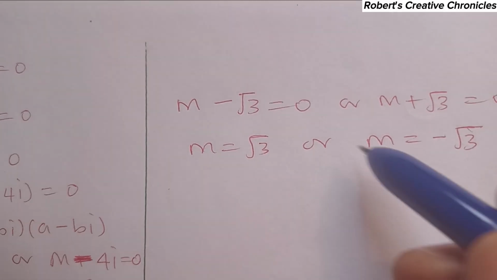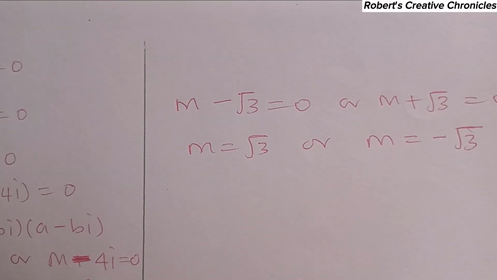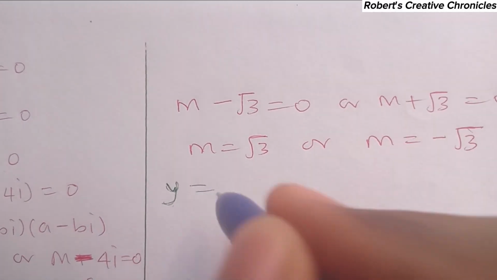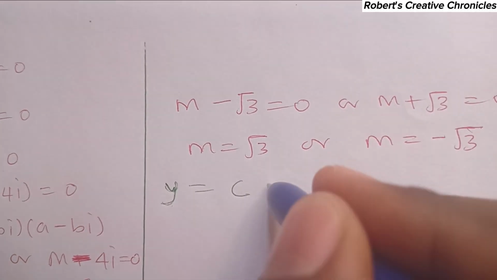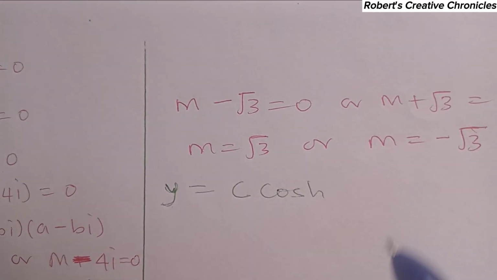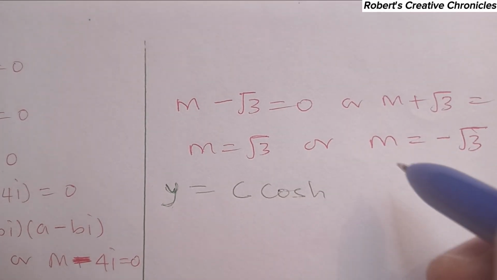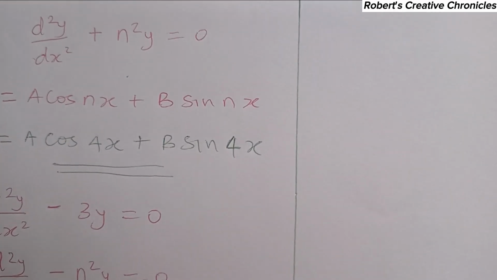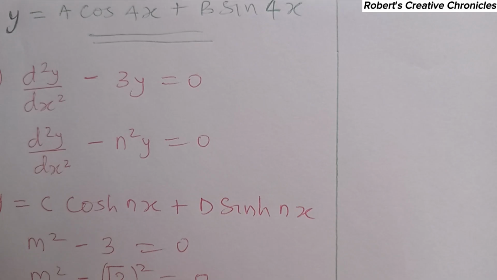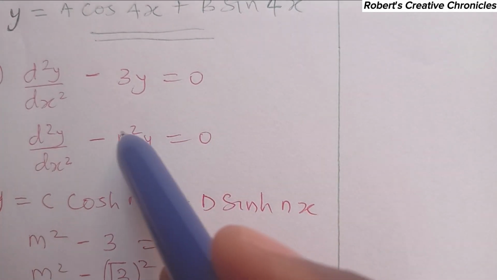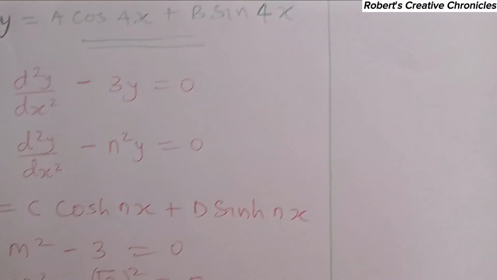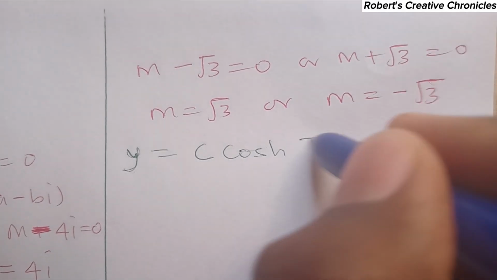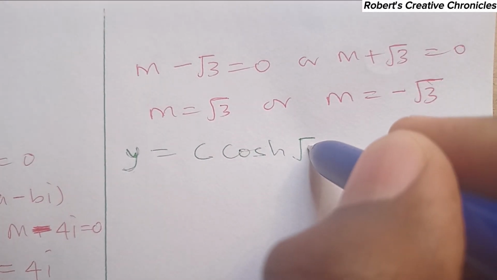So now we can express the general solution. It now becomes y is equal to what? This one, c cosh, you know n is root of 3 from the equation, because the root of 3 squared will give us 3. So n is root of 3.